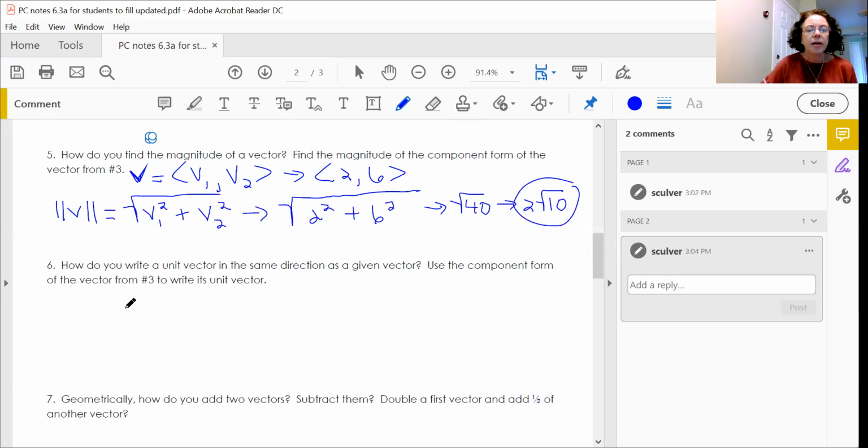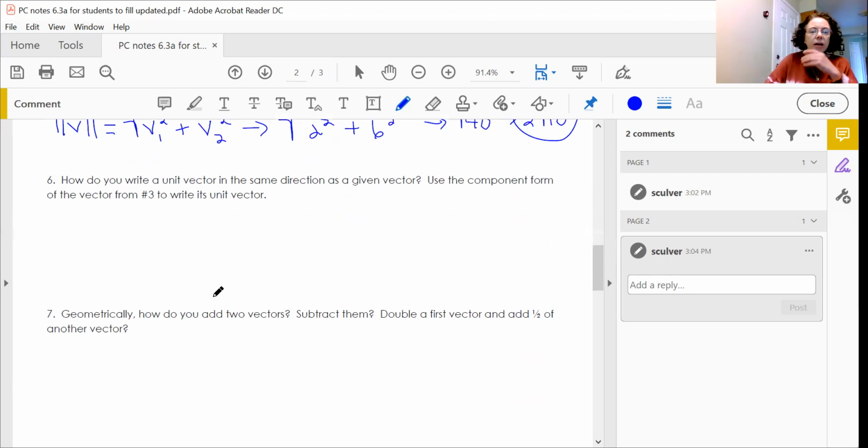Now, how do you write a unit vector? Here's number 6. How do you write a unit vector that has a magnitude of 1 in the same direction as a given vector? Use the component form of the vector from number 3 to write its unit vector.